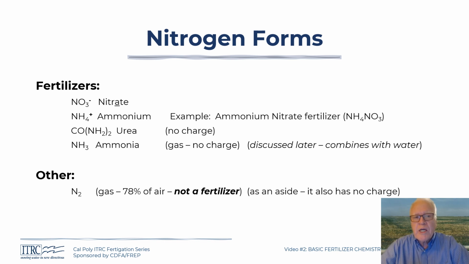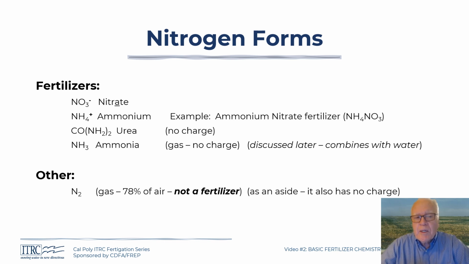Then we have ammonium, and if you look a little further below, there's ammonia. Notice that the ammonium has a positive charge and 4 hydrogens. The ammonia is a gas, and it has no charge. You probably smelled this if you ever used household ammonia, or even if you've been around a fertilizer tank with ammonium, some of that will convert to ammonia and go off as gas.